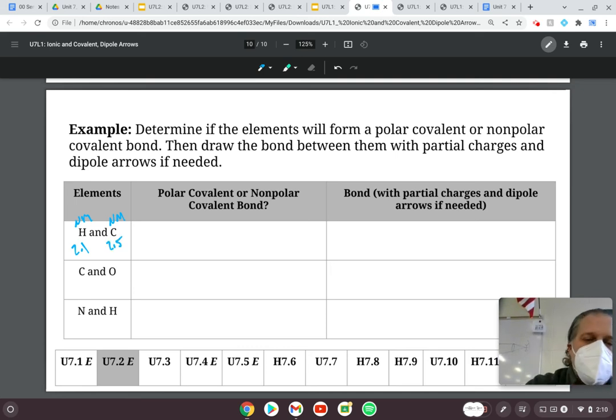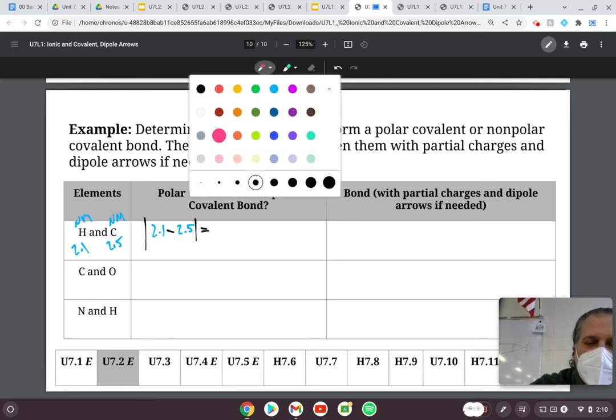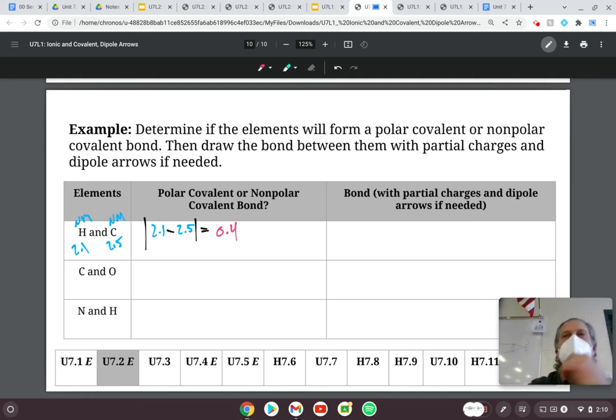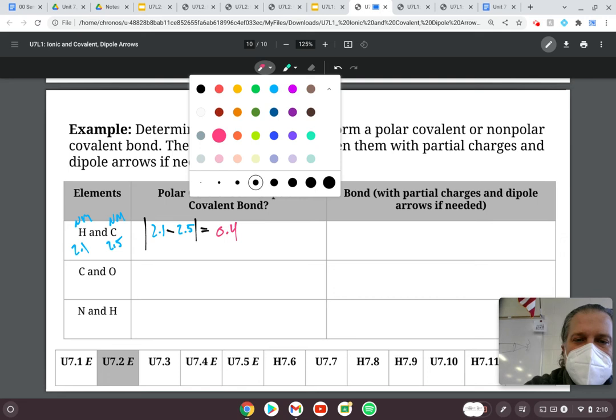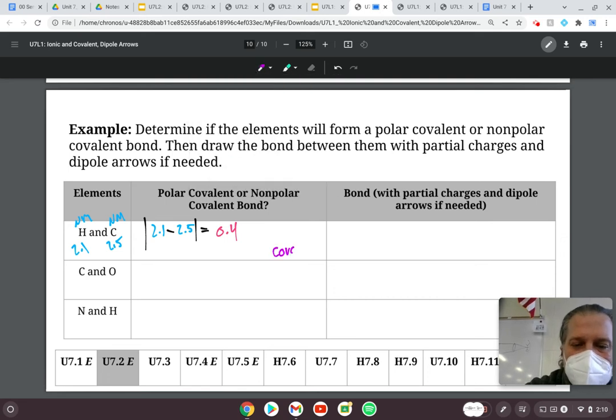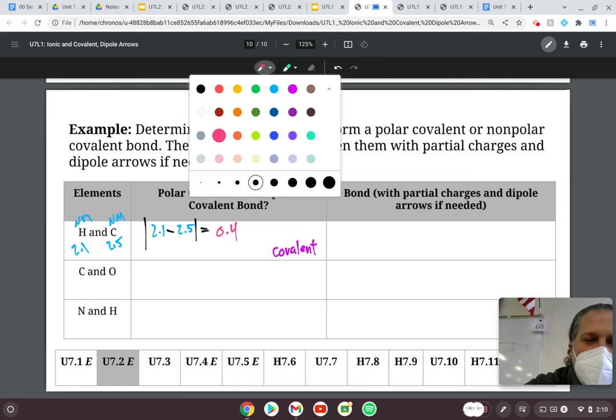Okay, so I'm going to calculate the electronegativity difference. So it's going to be 2.1 minus 2.5, and that comes out to be 0.4. So that tells me that it is a covalent bond, but specifically it is a nonpolar covalent bond.